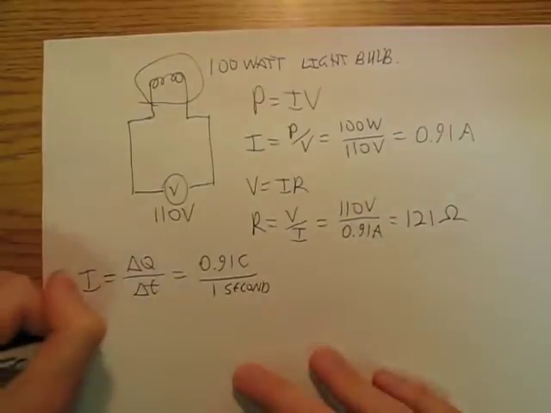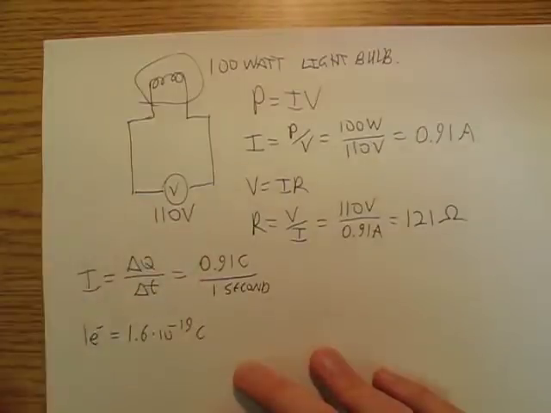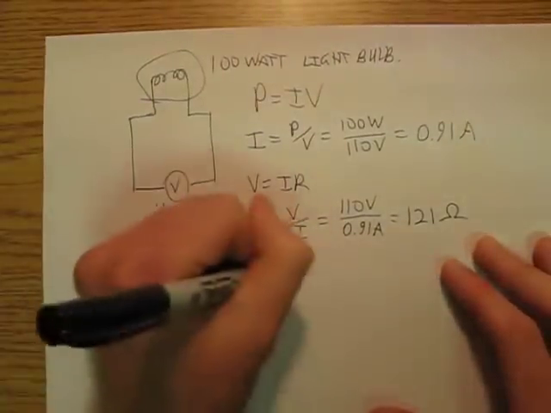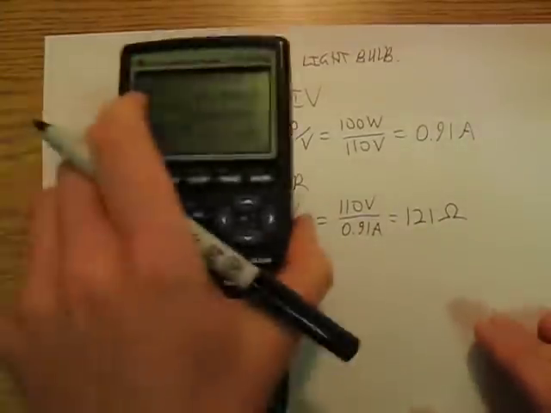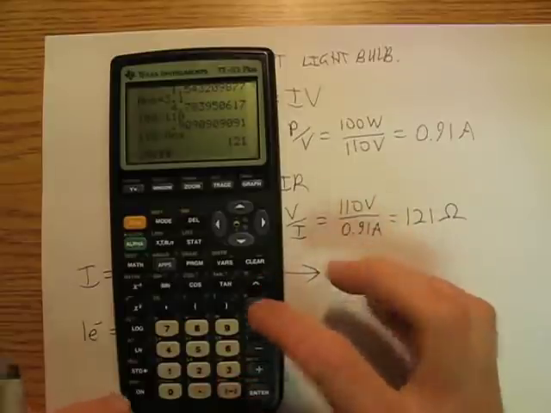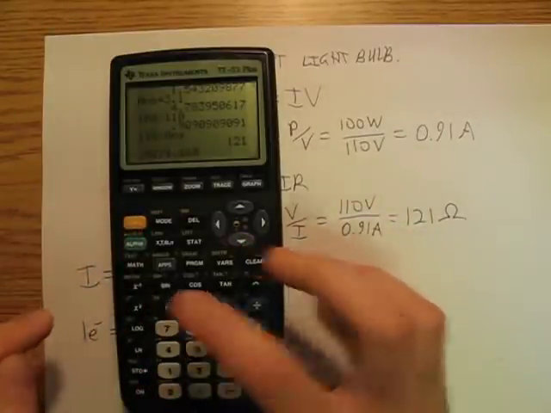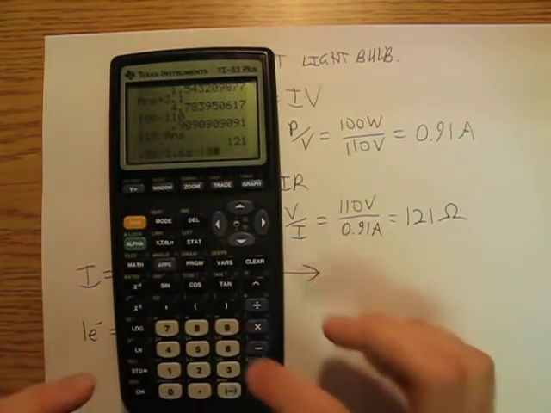Now one electron is 1.6 times 10 to the negative 19th coulombs, so that is drawing 0.91 divided by 1.6 times 10 to the negative 19th.